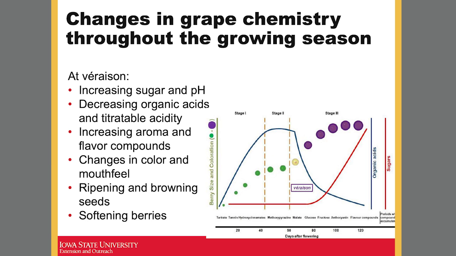A lot of chemical and enzymatic reactions happen that make the berries softer, but also change their color. Instead of being green, they start to become a little bit pink and then red for the red grapes. White grapes are gonna start to transform into a white, yellowish color.